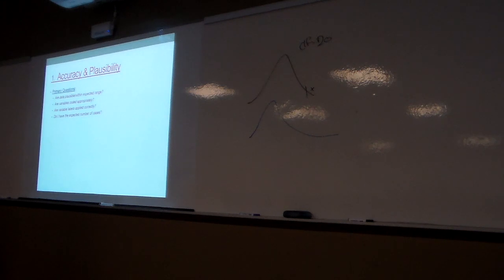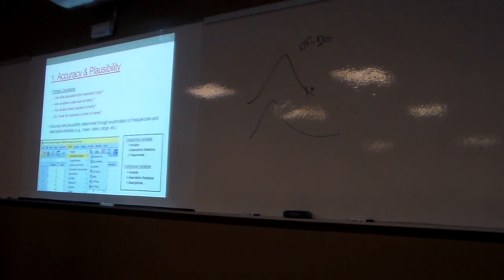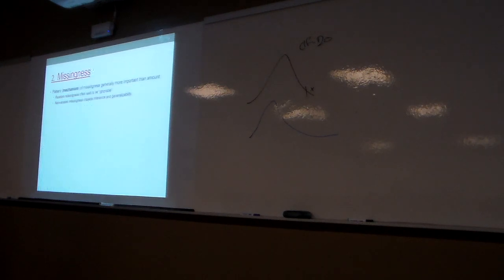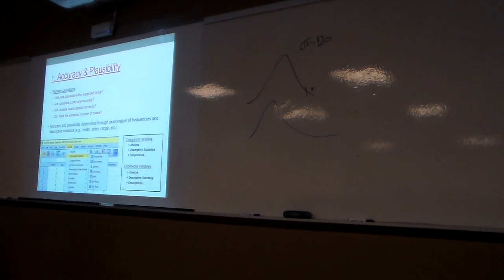If I start coming up with less than that, I need to go through and make sure I haven't missed missing values, okay? So in SPSS, again, looking at frequencies and descriptive statistics to make sure all this stuff makes sense within the context of the data that I'm using.